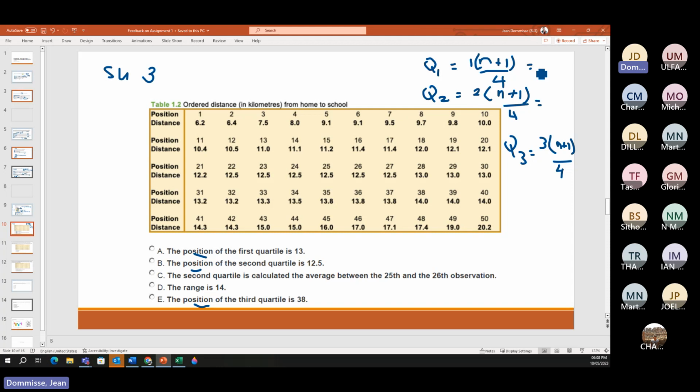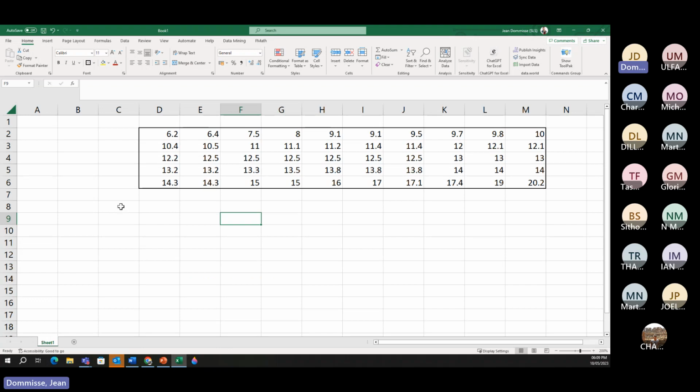So the position for Q1 is 12.75, which in this course we need to round off, so it is position 13. Excel would also say 12.75.